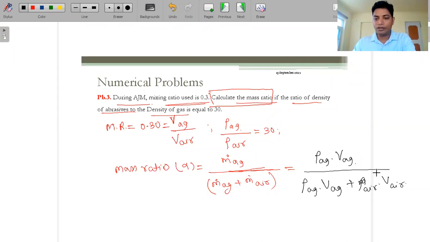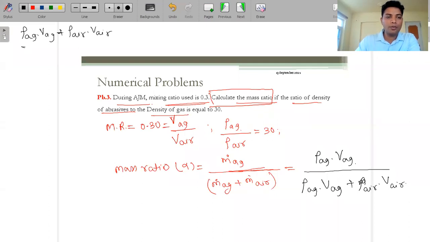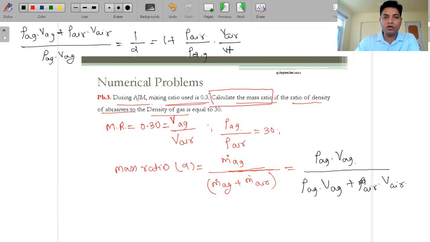Okay guys, I'm keeping this value over there, and just look here: rho of ag, v of ag plus rho air into v air upon rho of ag, v of ag equals 1 by alpha. Now the left hand term will be 1 plus rho of air upon rho of ag into v of air upon v of ag.